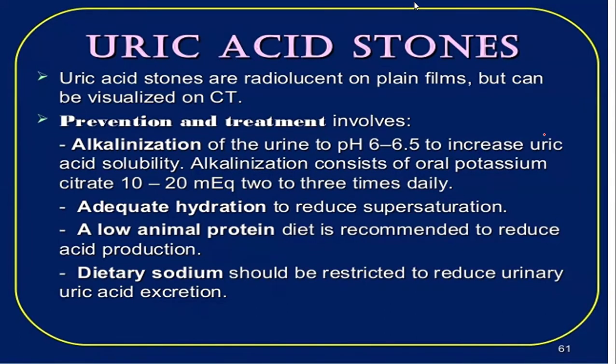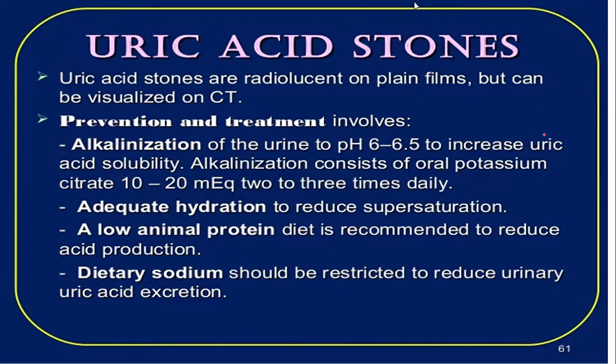Therefore, uric acid kasi has the tendency to precipitate in an acidic environment, right? So in order to avoid the uric acid precipitating, you want to make the urine alkaline, di ba? So that is one of the good effects of Acalka.